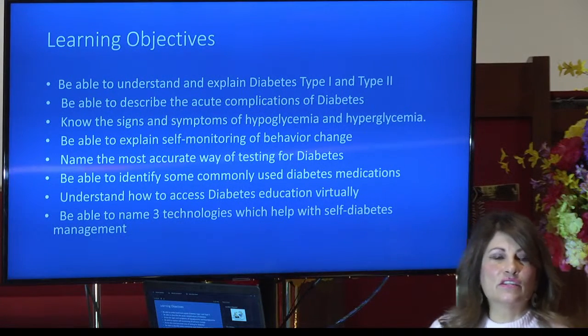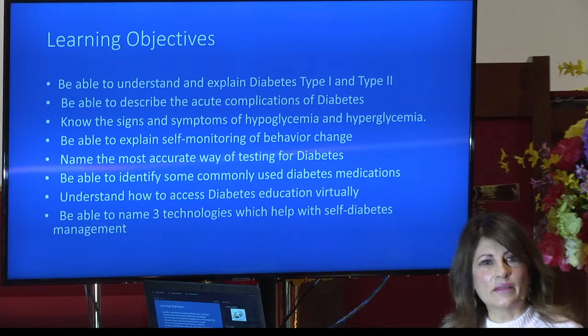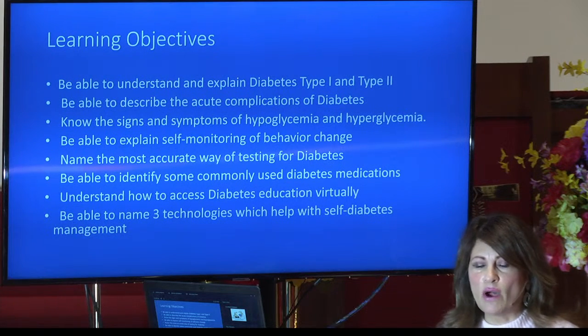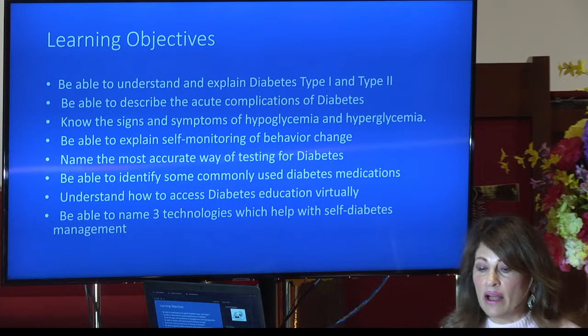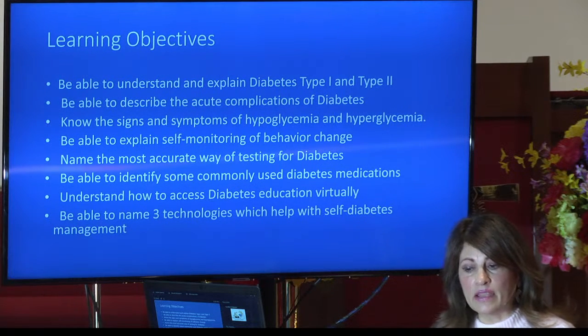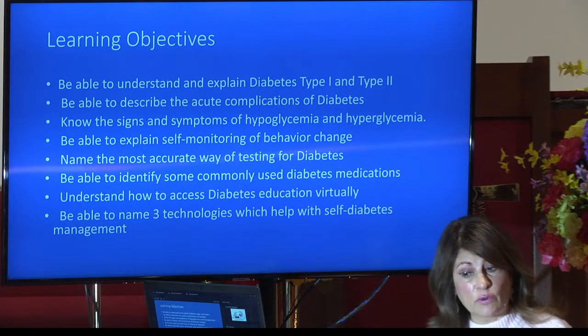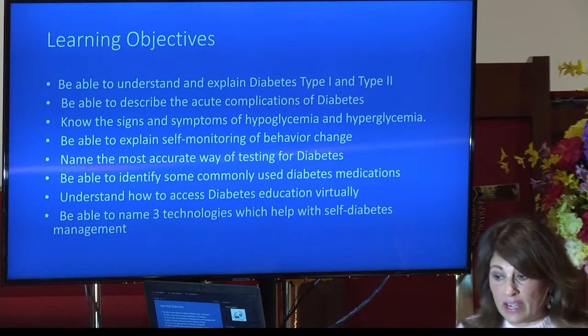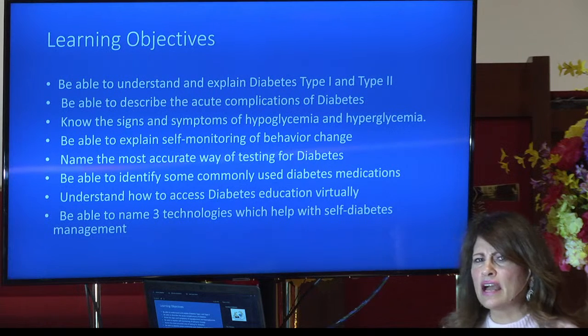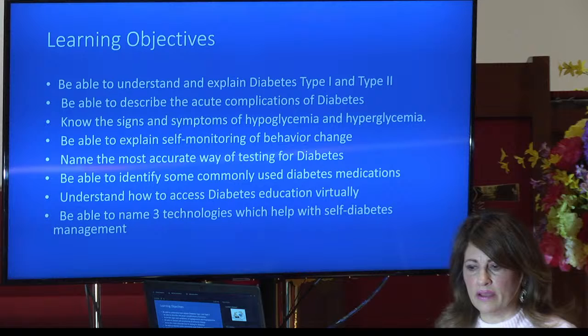When I talk to my students, I always tell them in the beginning of the class, let's look at the objectives. What do I want you to learn today? Today I'd like you to learn how to understand and explain diabetes type 1 and type 2. We're going to be able to describe the acute complications of diabetes and know the signs and symptoms of hypoglycemia and hyperglycemia.